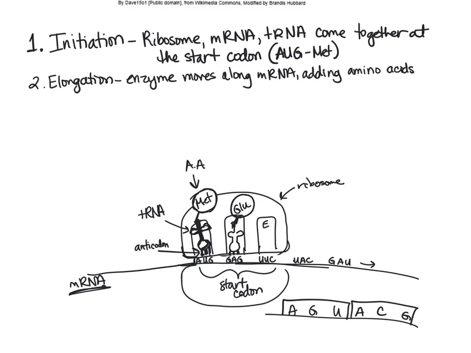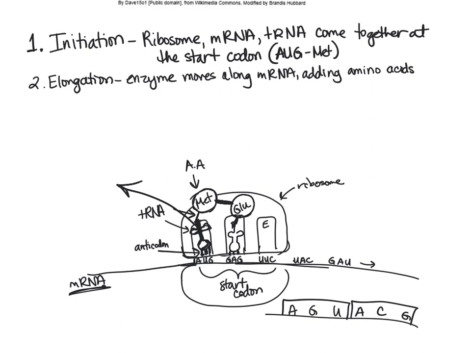Now, once this tRNA comes into this P site on the ribosome, the enzyme is going to make a peptide bond between the methionine and the glutamic acid. When that happens, it removes the bond that was attached to this tRNA, so we no longer have that bond. This tRNA is going to leave this spot, and then we have just this bond between the methionine and the glutamic acid.